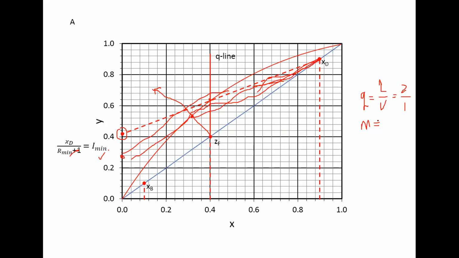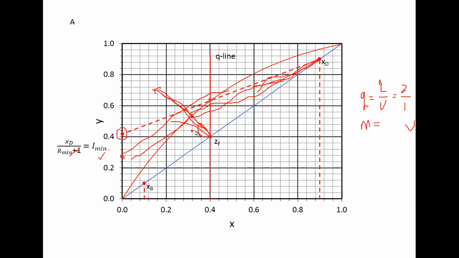Okay, let's continue. You can calculate the gradient. The gradient is Q over Q minus 1. It will move towards the saturated vapor, right?